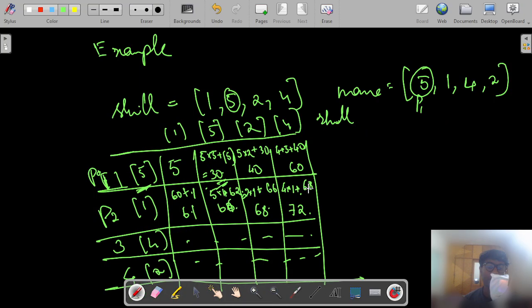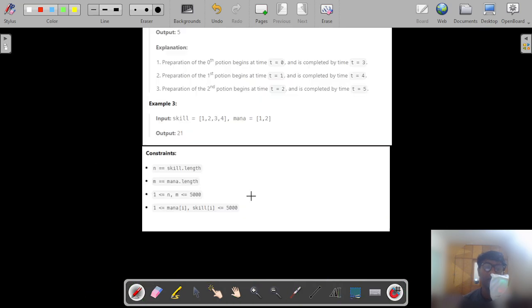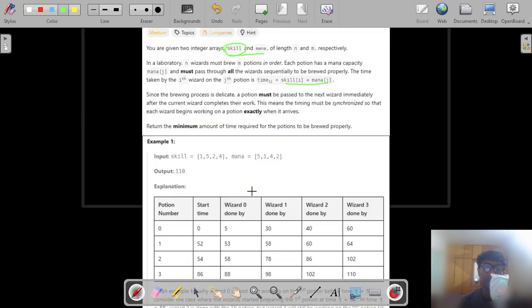So this is the brute force way, the easiest way that we can solve this problem. This is an inefficient way, but since they have asked us to return the minimum amount of time required for potions to be brewed properly.